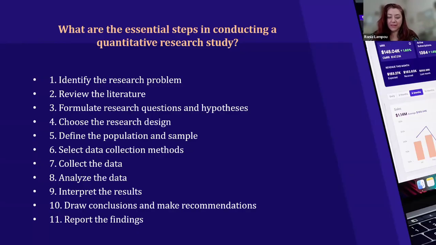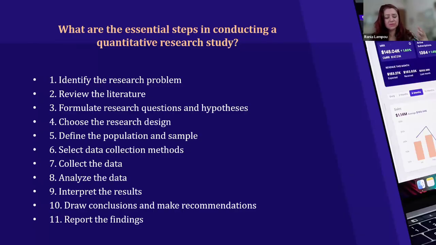This may identify gaps, theories, and variables used in previous research. The next step is to formulate research questions and hypotheses: develop scientific research questions, and state hypotheses, null and alternative, that can be tested statistically.